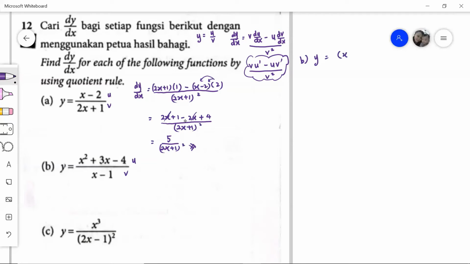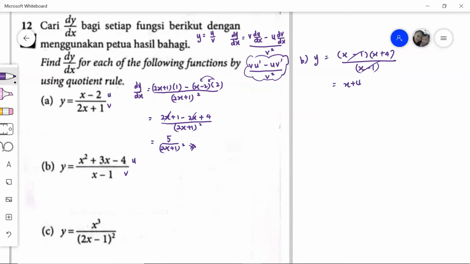We have (x minus 1) as one of the factors, and (x plus 4). Only when we see that we can factorize it, we simplify it with factorization. Otherwise, we just leave it. So over here, that will be x plus 4.